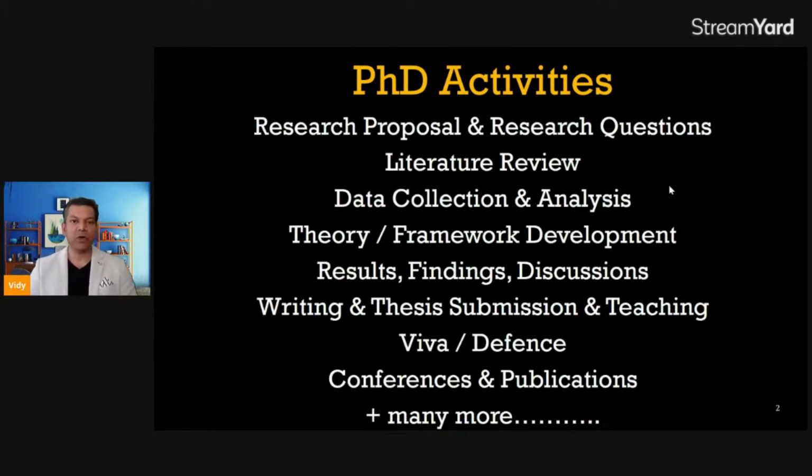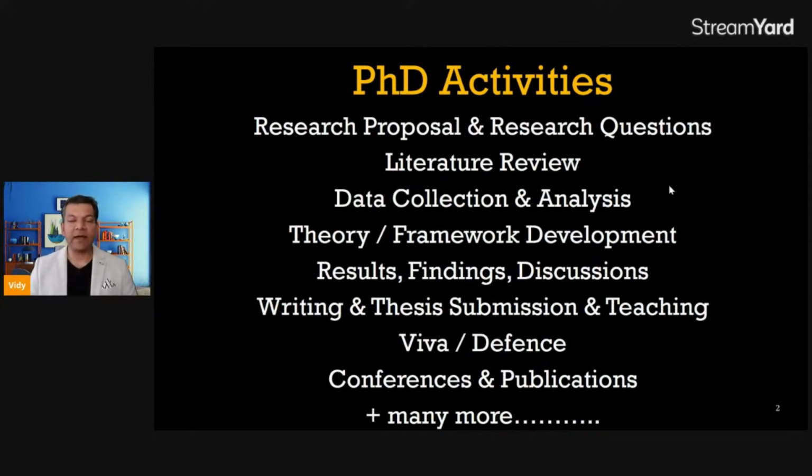Here you can see we start off with the research proposal. When you apply for admission, you might have to give a small research proposal, and then you build up on it in the first 6 months of your PhD. You have to identify and formulate research questions, and you do this by undertaking a systematic literature review.